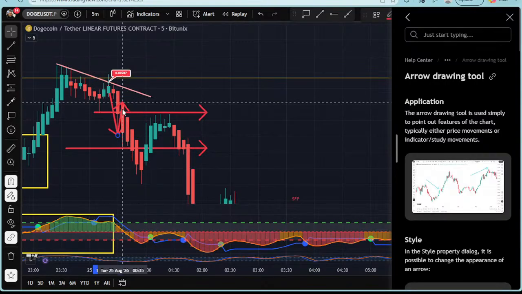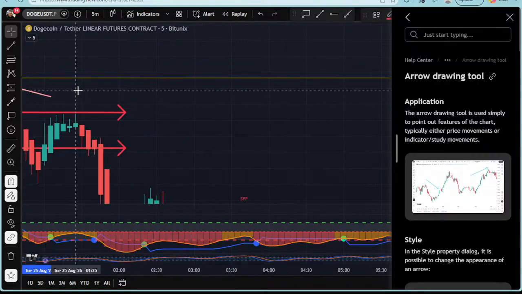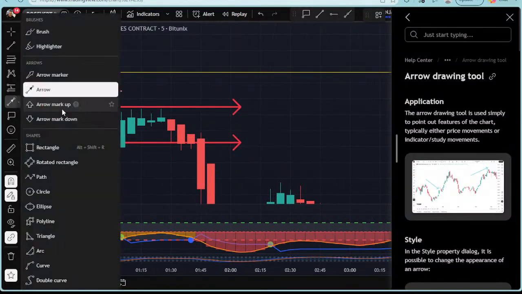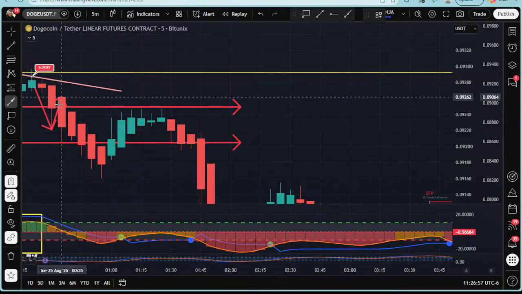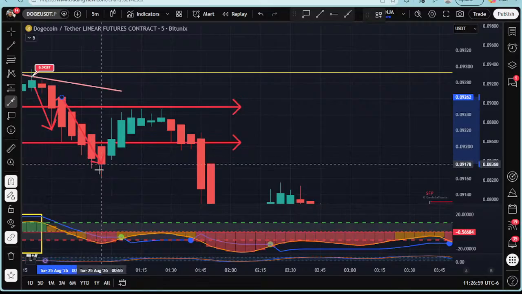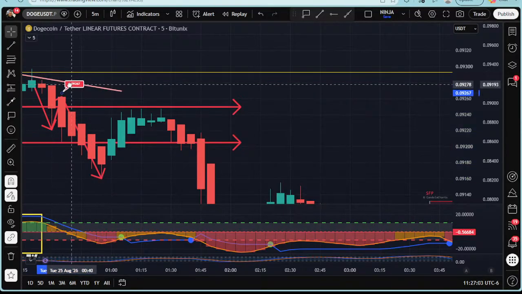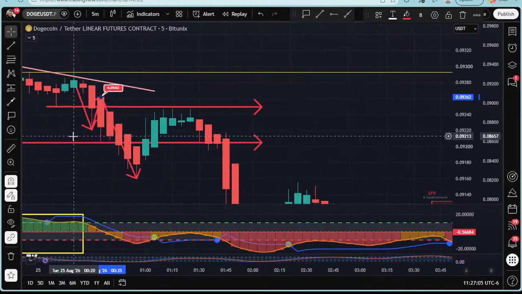Once we got this retracement to here, that's where it would start down again. In this position, we would move our stop loss to here, doing a trailing stop loss.